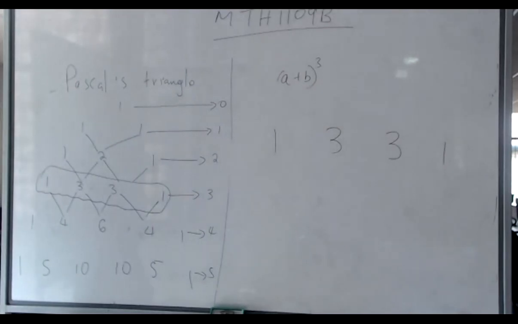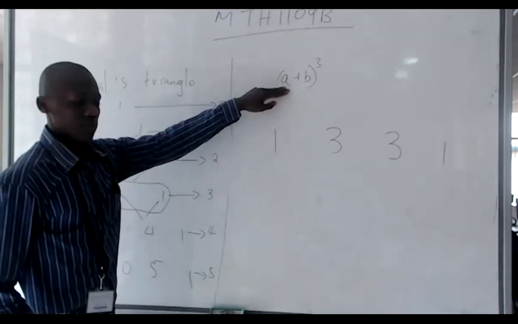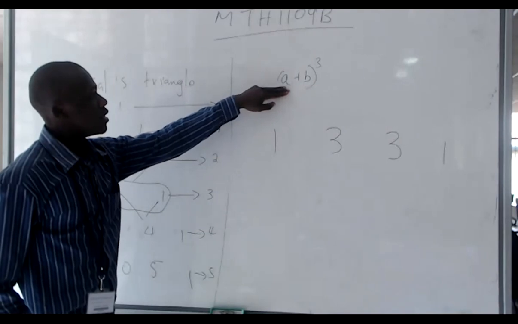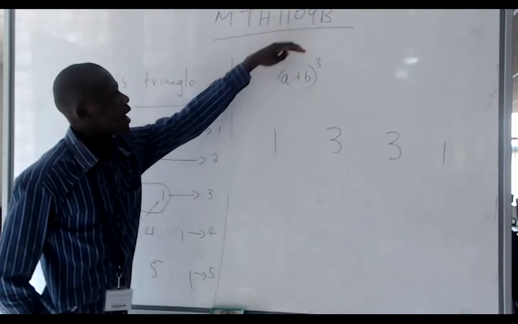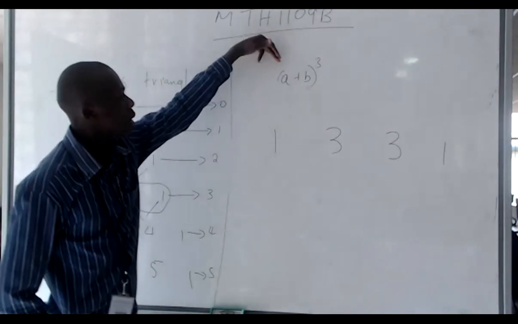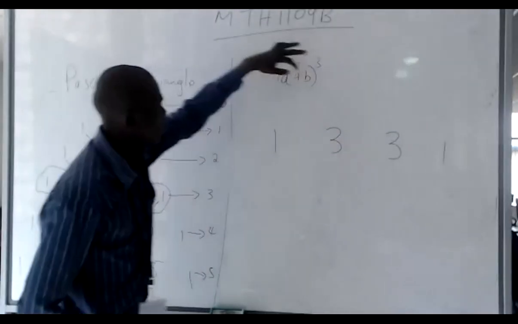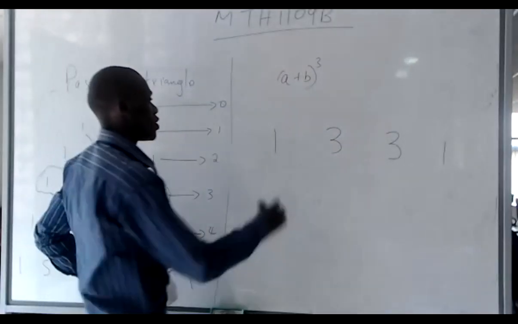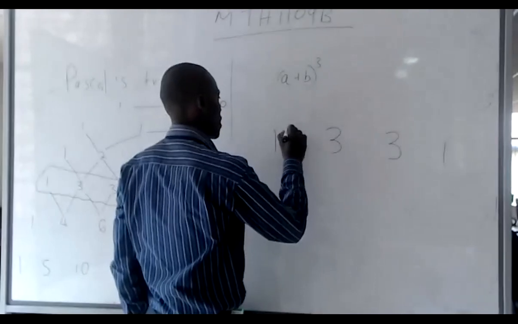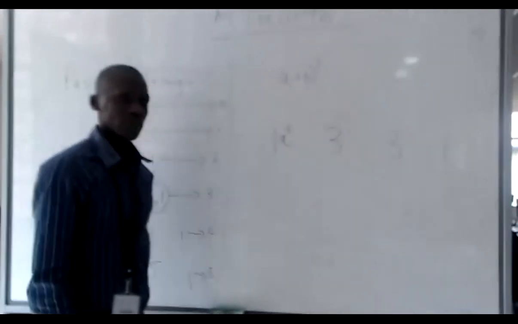Now, second step, we make use of the observations we made in the last class. Take the first term and start it off with the highest power and keep decreasing the powers down to 0. The first term in this case is a. In the first coefficient, I start a off with the power of 3.